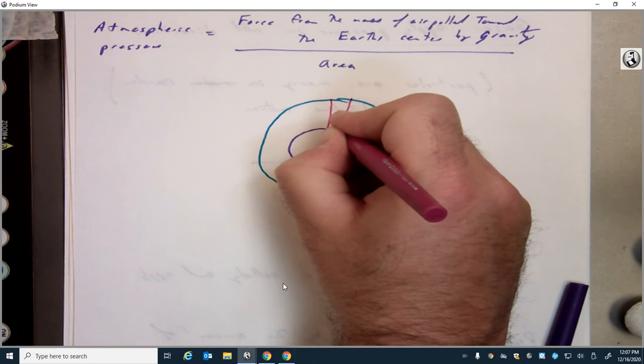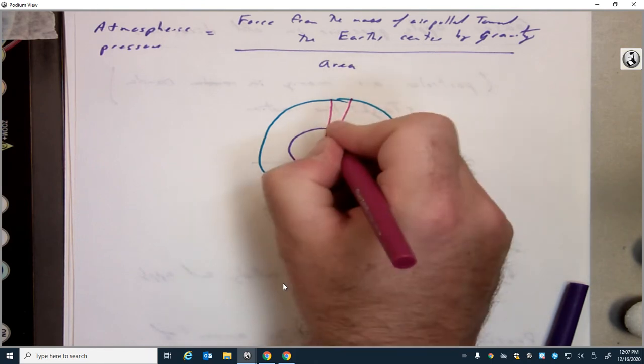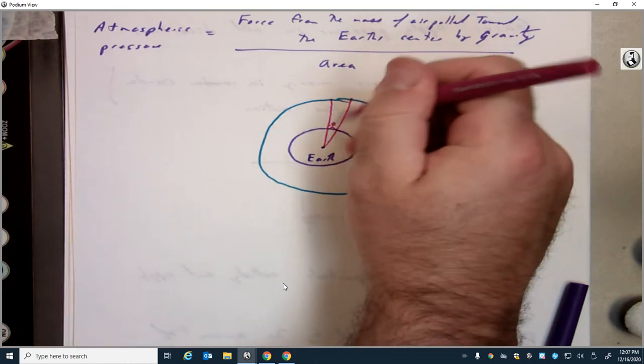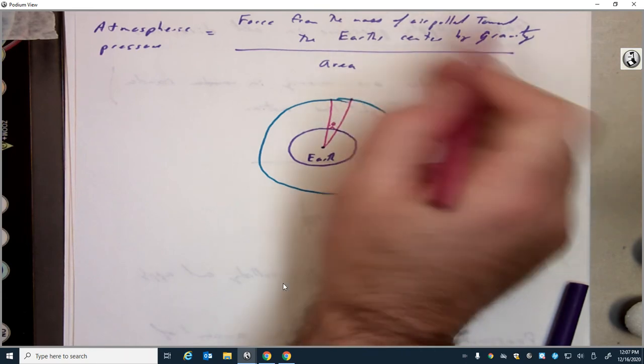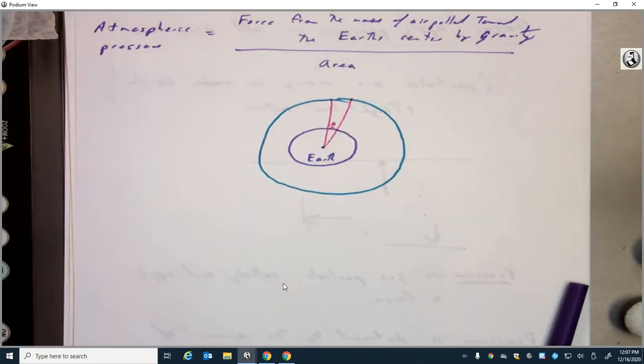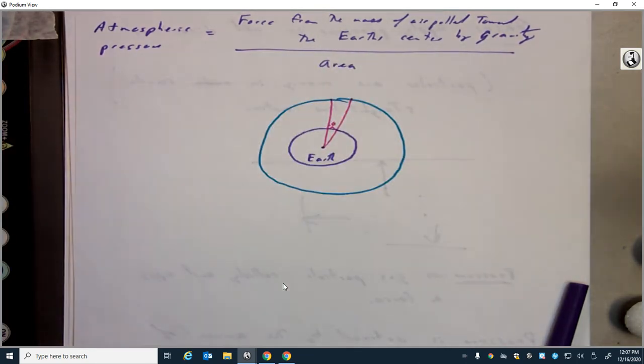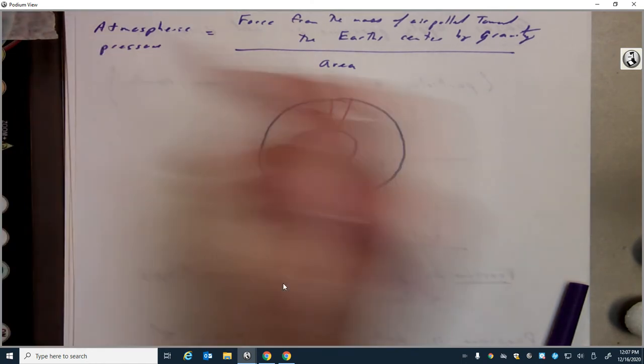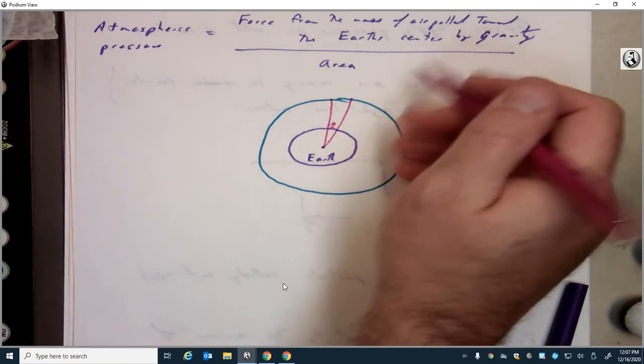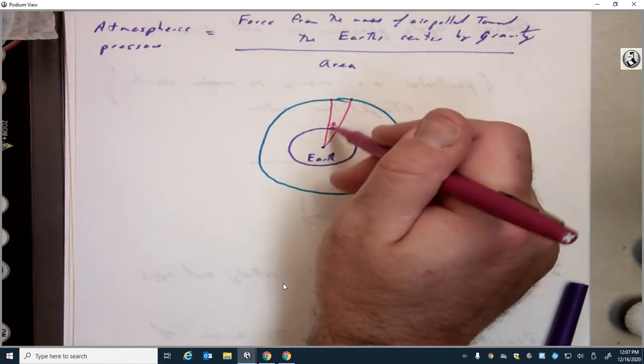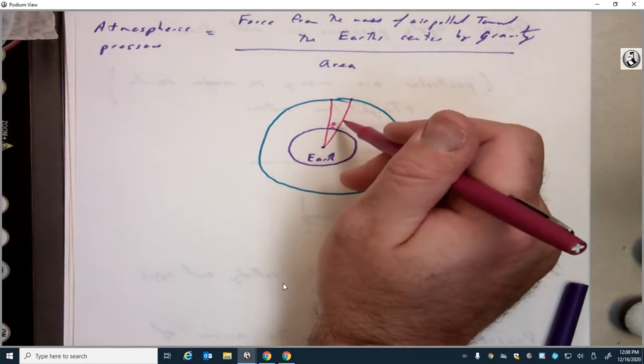If I'm standing right here on the Earth, there's pressure being pulled down on me due to gravity pulling down on the gas particles, and it depends on how much gas is above me.